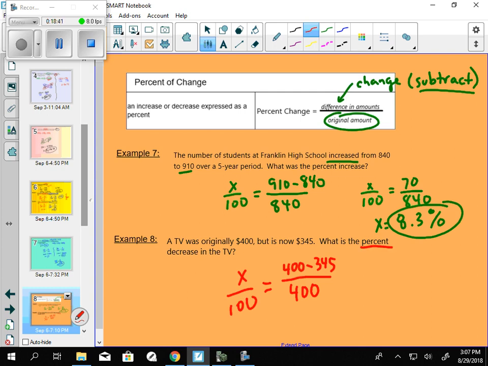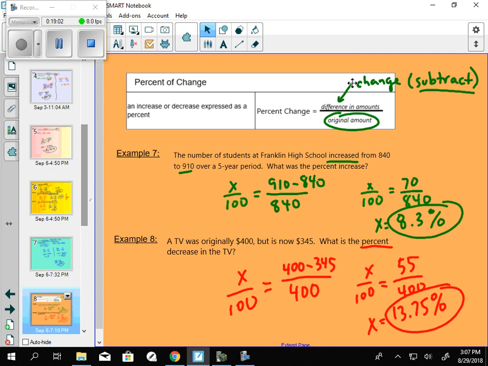So subtracting tells us that the change was 55. Cross multiply and divide, figure out the percentage, and you should have gotten about 13.75%. That was the percent decrease.